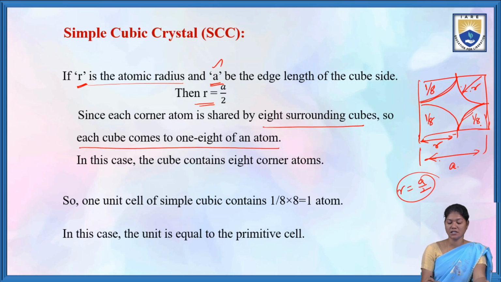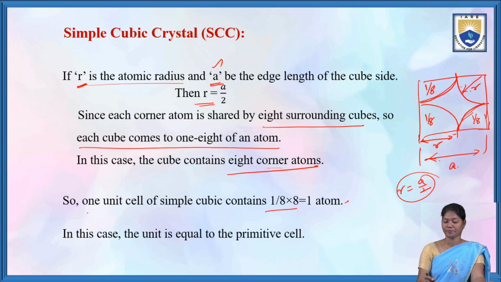In this case, the cube contains 8 corner atoms. So one unit cell of a simple cubic contains 1 by 8 into 8, which is equal to 1 atom.